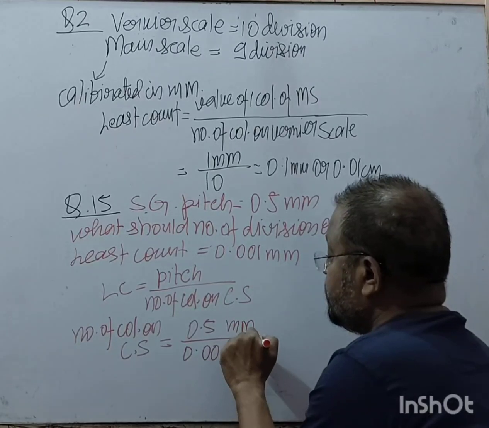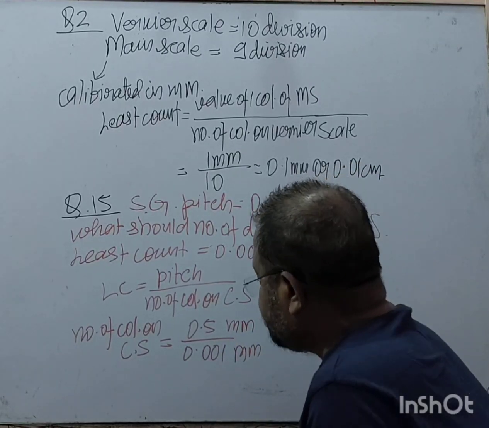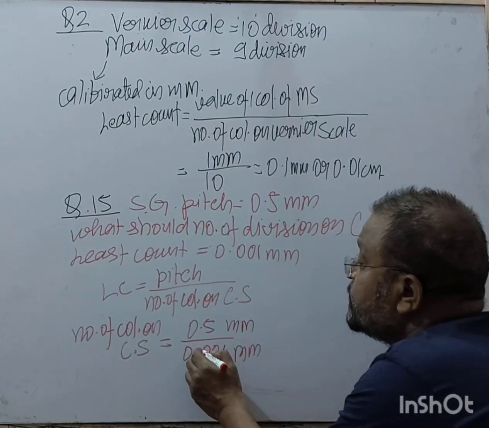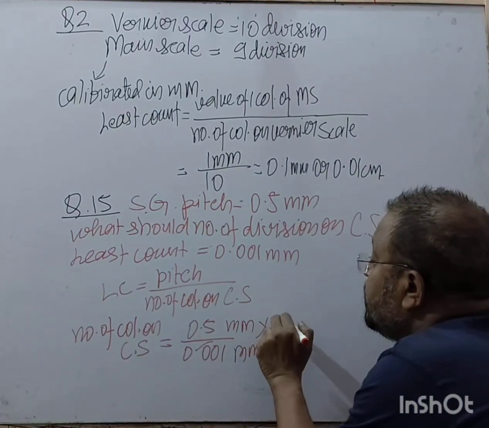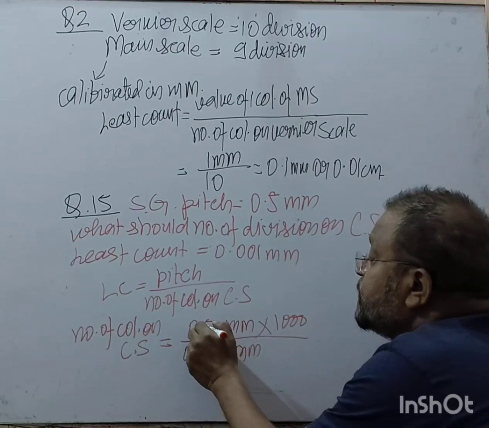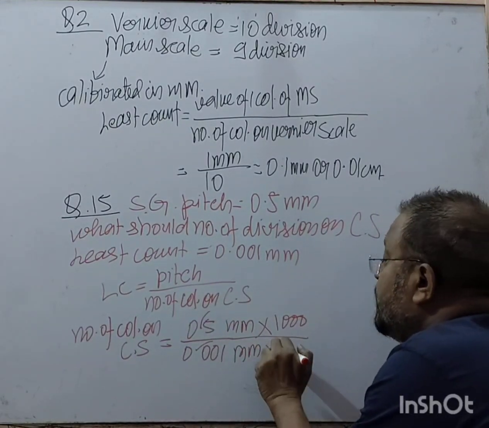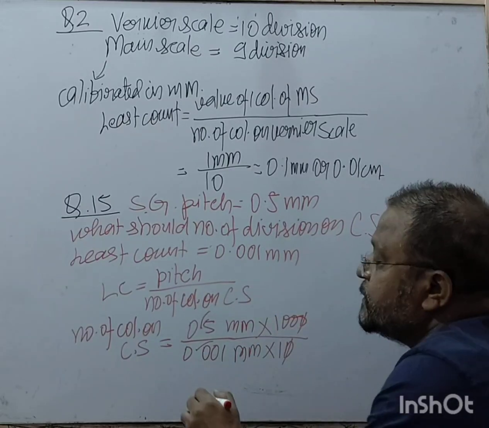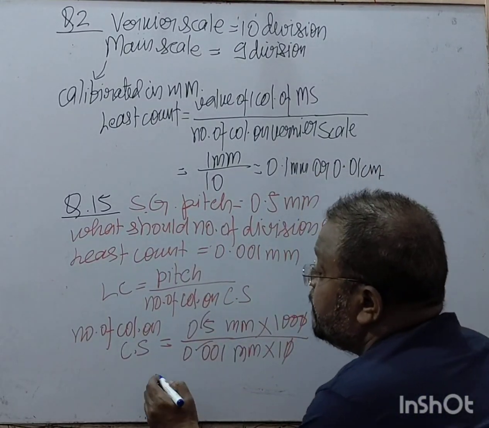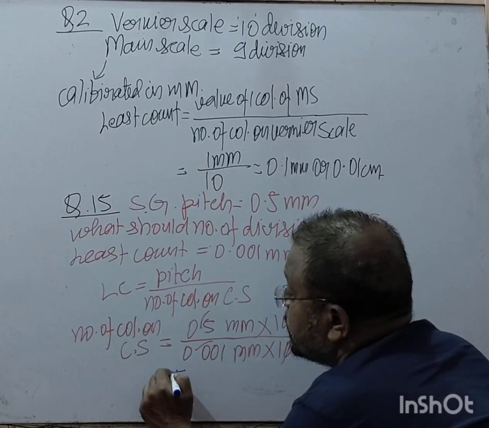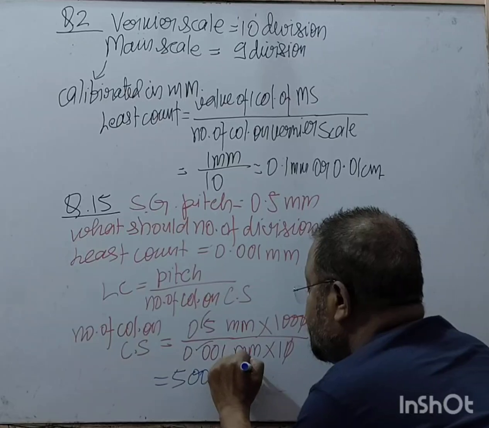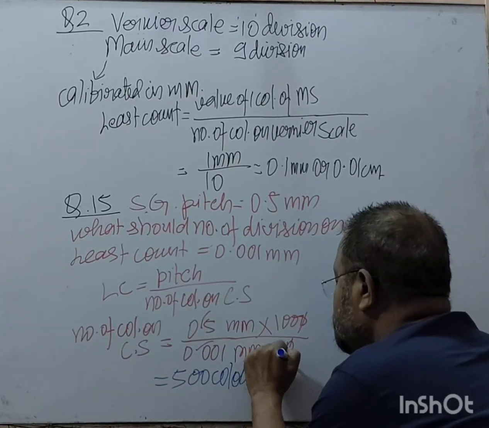It is also in millimeters, right? So if we remove this decimal, we multiply by 1000 here, and by 10 there. So the 10 is cancelled out and you get 500. What is your answer? 500 divisions on the circular scale.